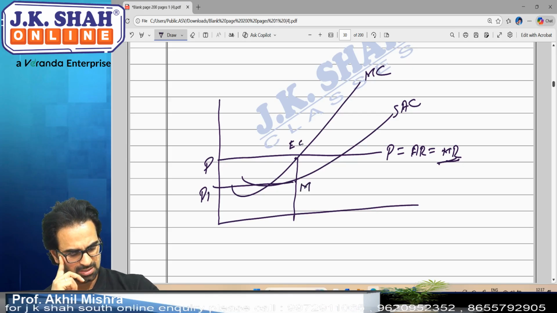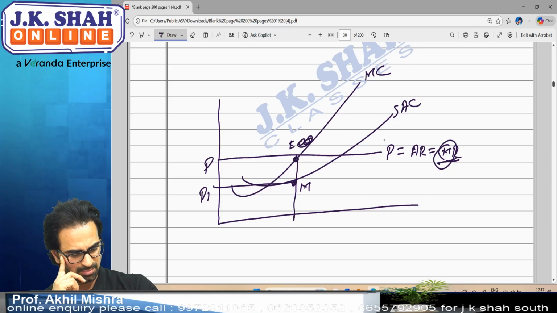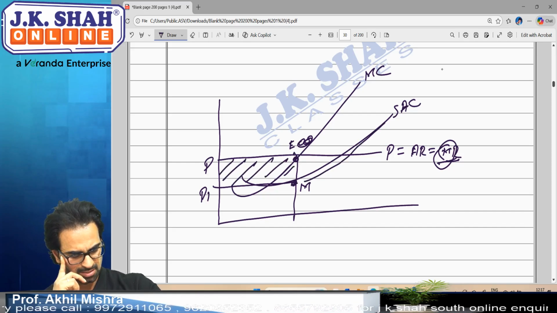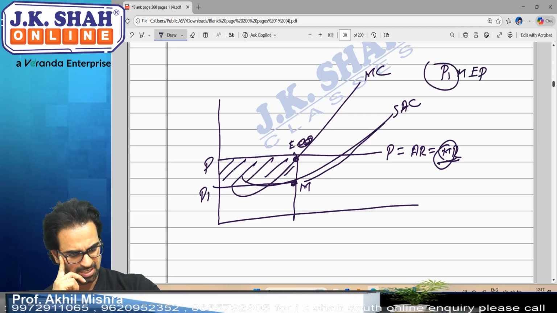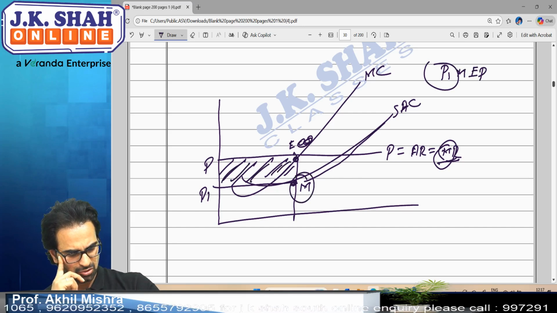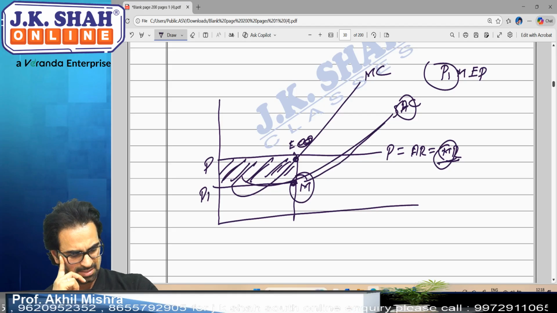See, the cost is still here and revenue is still here, right? This is the revenue line, and the cost line is still here. The cost is down, revenue is up. This is the area, that is P1, M, E, and P. This shaded area is nothing but supernormal profit, because till M is the average cost line, and till E is the revenue line, the straight line.